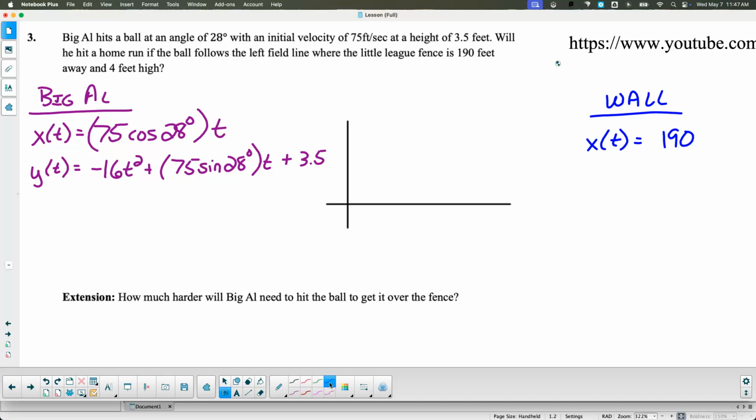That's horizontally, it's 190 feet away. How tall is the wall? It's 4 feet. So my y of t is going to be just t, and now I'm going to restrict my t values from 0 to 4.